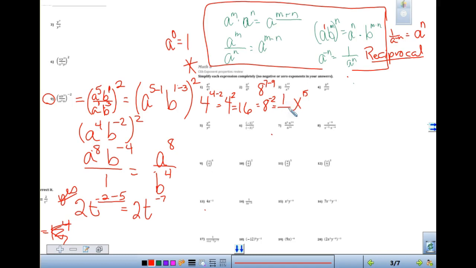The 1 over 8 to the second. Yes. In your notes, the answer in the back says 1 over 64? That'd probably be a good answer, but I could leave it like that also. Okay? Please go down to number 6 right now.